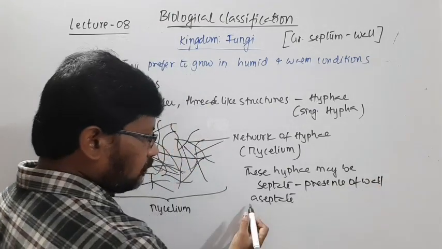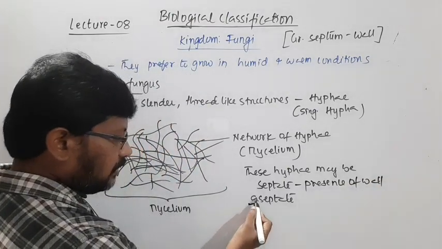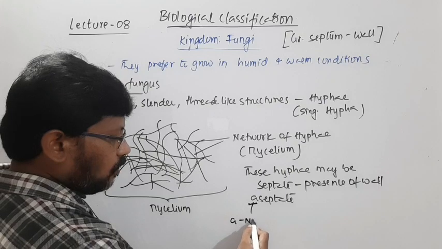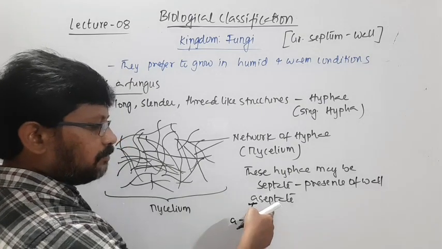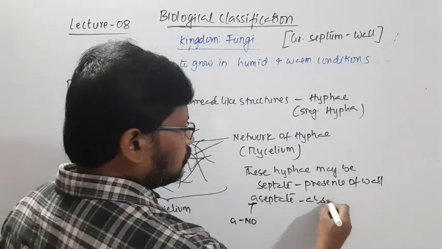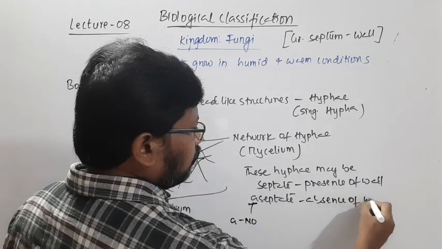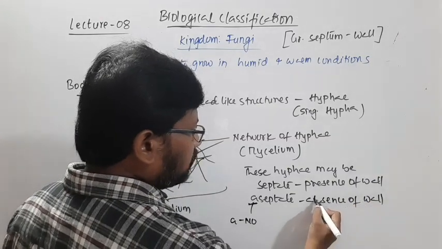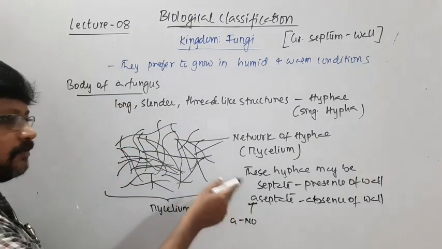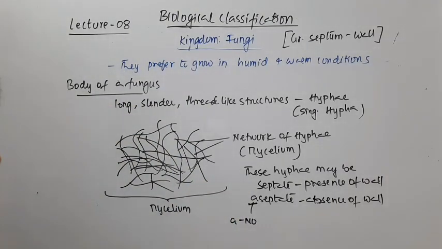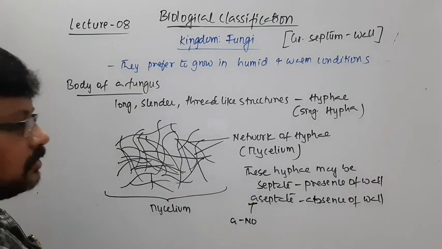And aseptate, wherever such words come, where a means no, so no septum, absence of wall. So septate means presence of wall, and aseptate means absence of wall.